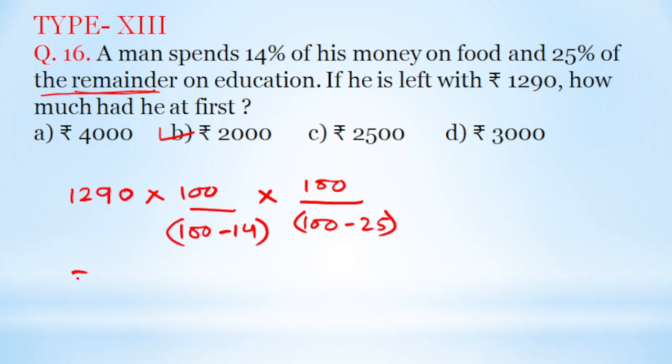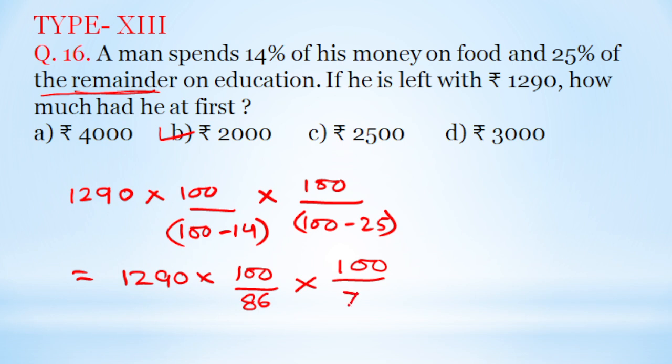So that is equal to 1290 into 100 by 86 into 100 by 75.